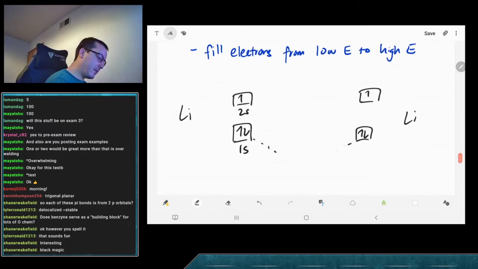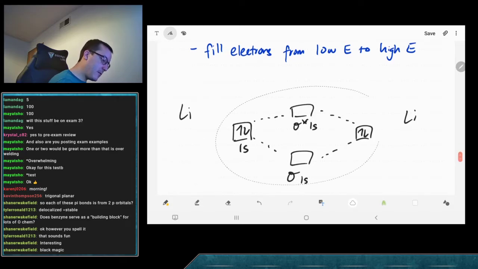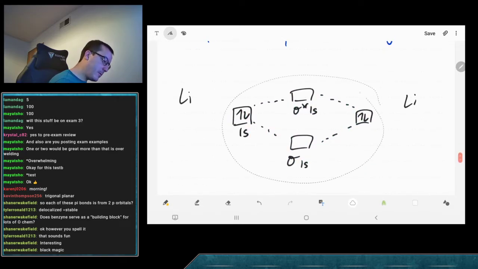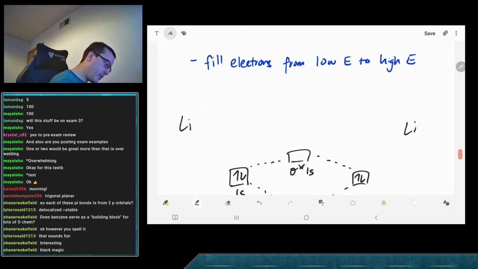We're going to make a sigma 1s, a sigma star 1s. I've really drawn this poorly. Let me draw these a little bit higher. These take up a lot of space. We have our 2s orbital, 2s orbital.